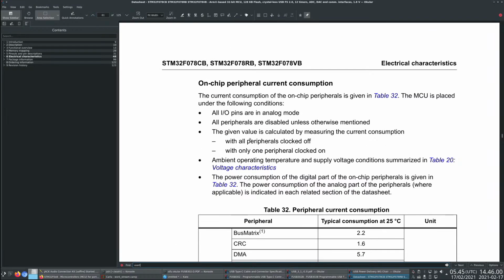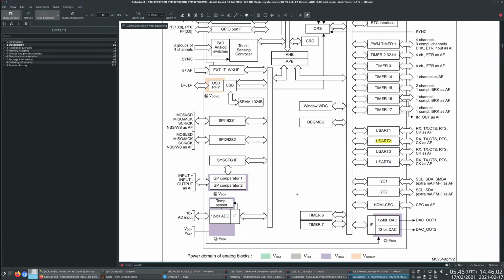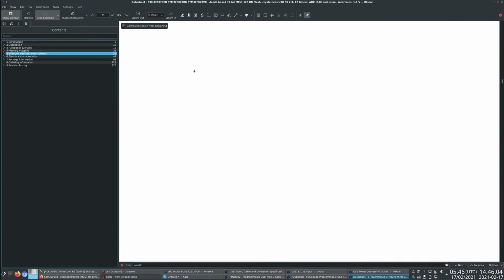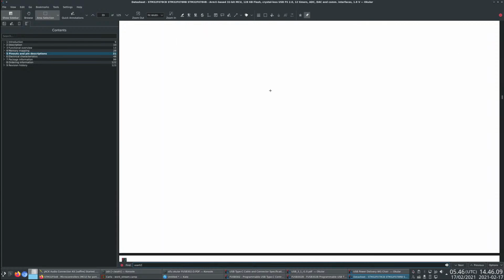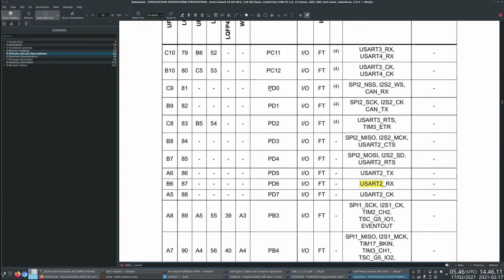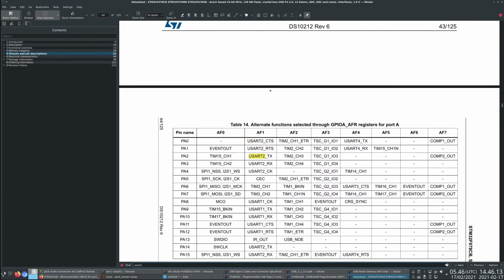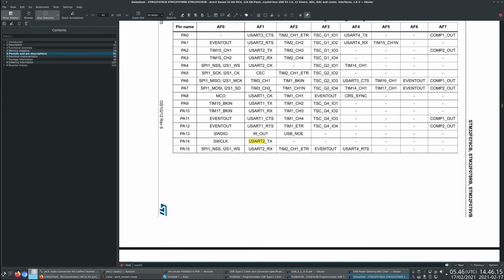And USART2, if I don't mess that up, has TX and RX on there, and also on these 2 sets of pins. And USART3 should also be on these 2 sets of pins.